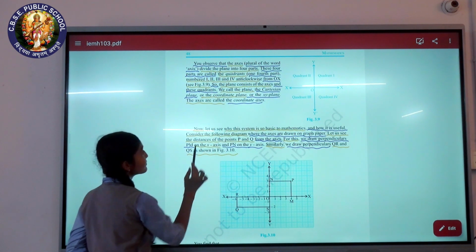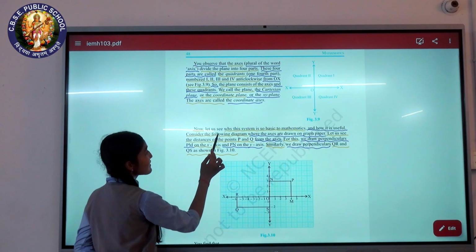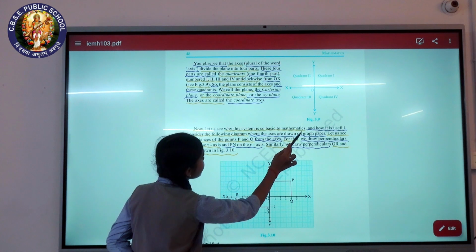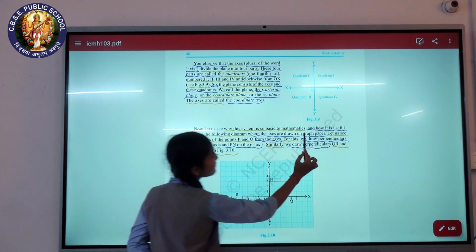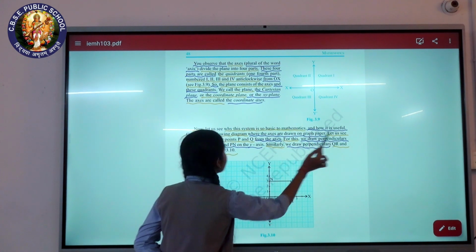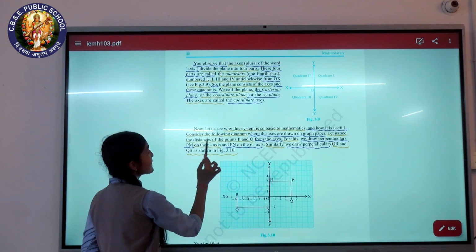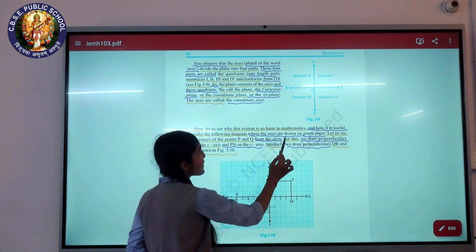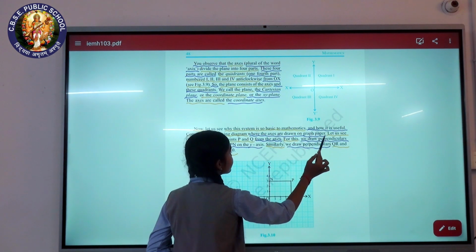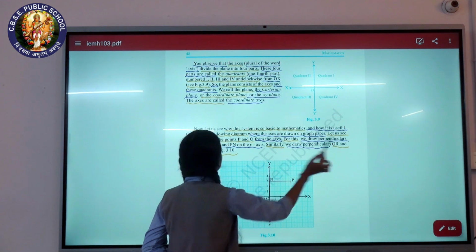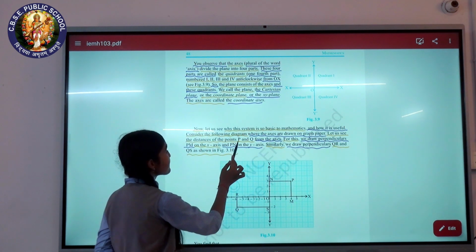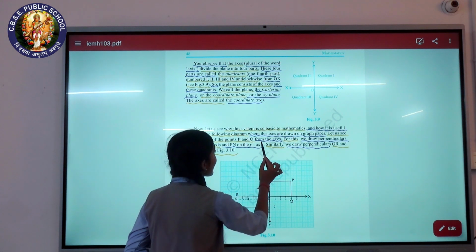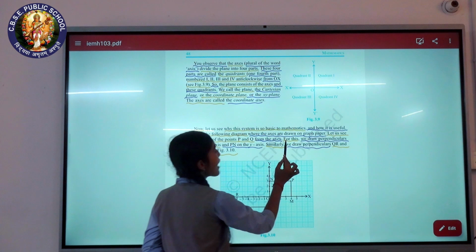Now, let us see why this system is so basic to mathematics and how it is useful. Consider the following diagram where the axes are drawn on graph paper. Let us see the distances of the points P and Q from the axes.